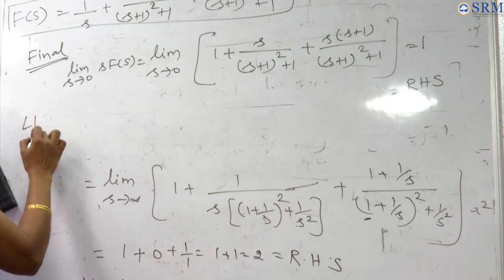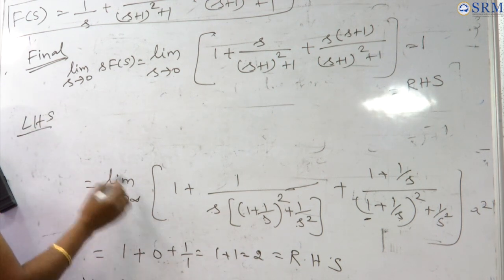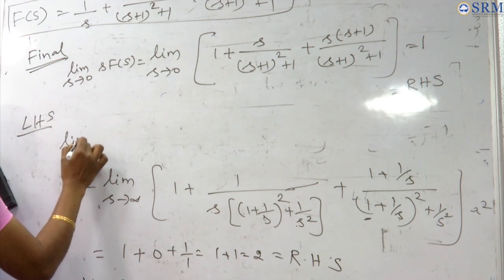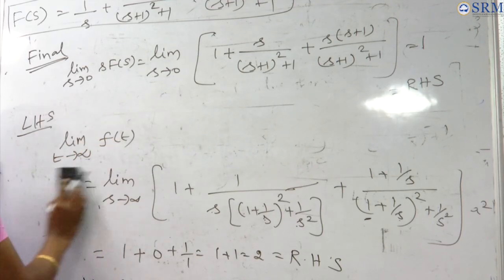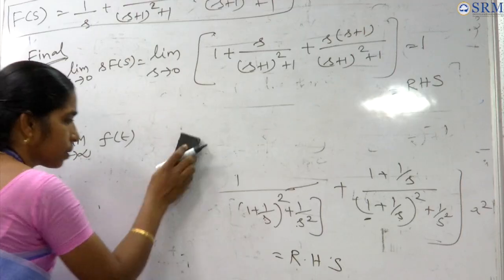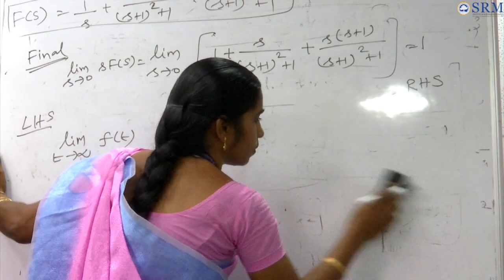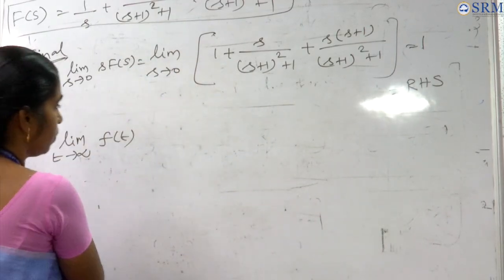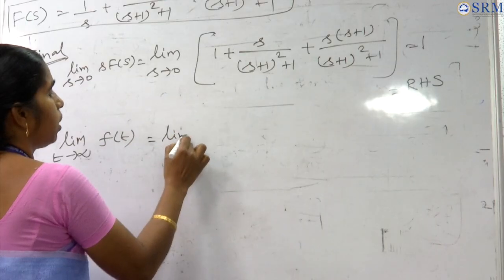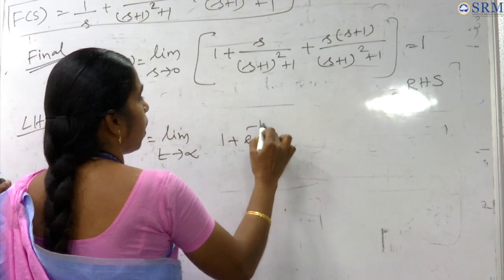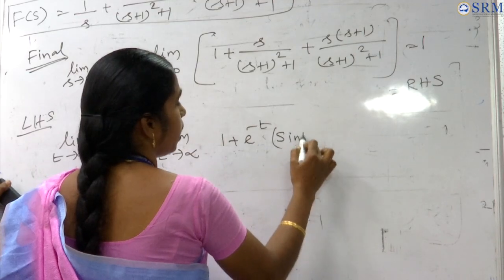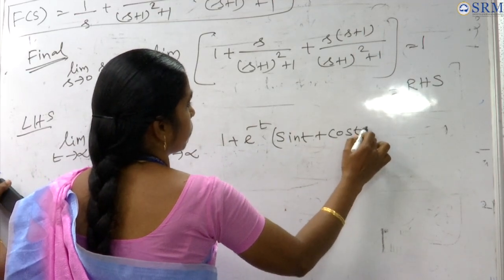So the LHS: t tends to infinity, that is limit t tends to infinity f of t. What is f of t? 1 plus e power minus t sin t plus cos t.